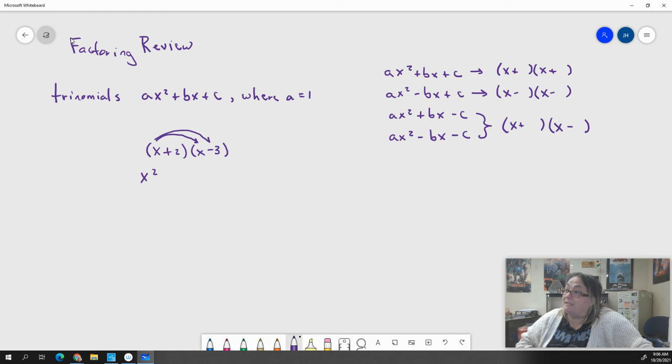And then I'm going to multiply x times negative 3, and I get negative 3x. And then 2 times x gives me plus 2x. And then this is the part that counts. Our c term is dictated by this right here, 2 times negative 3. Those two terms multiplied together give us this c term. And the only way to get a negative one is if one is positive and one is negative, right?